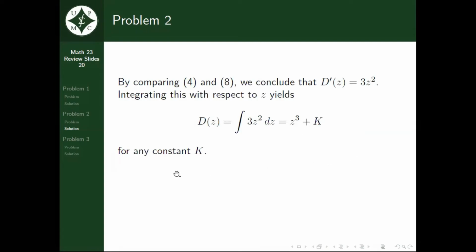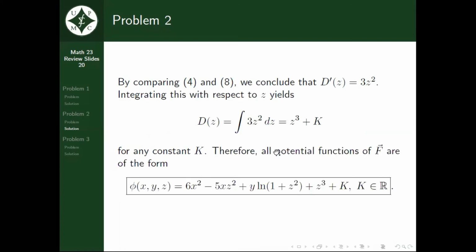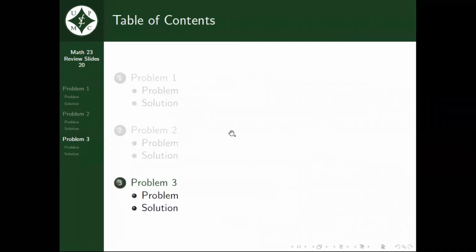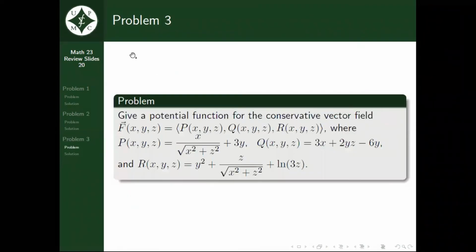So this means any potential function of this vector field is of this form. Okay? And lastly, yay! Last na. Okay, so we need to find a potential function, okay? Take note, as opposed to the previous problem which required us to give all possible potential functions.